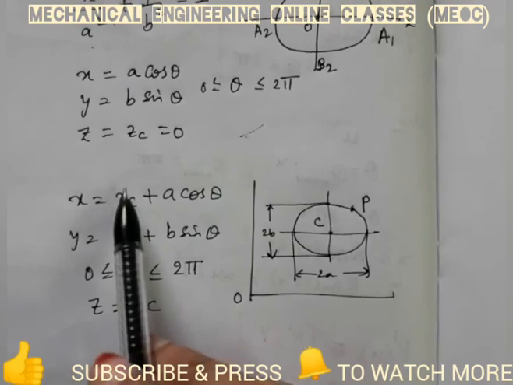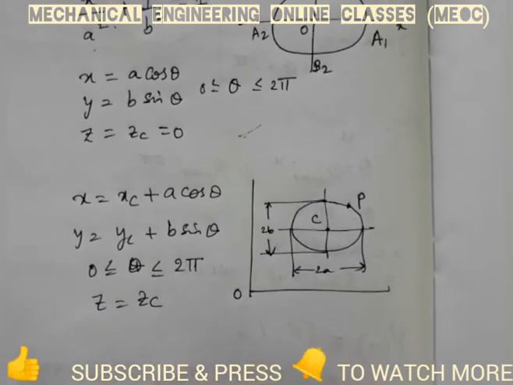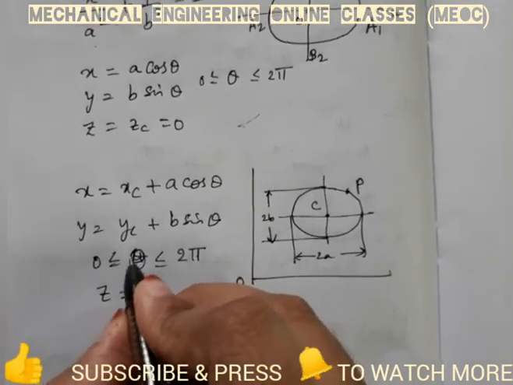For this ellipse, this will be the parametric representation. This is theta.